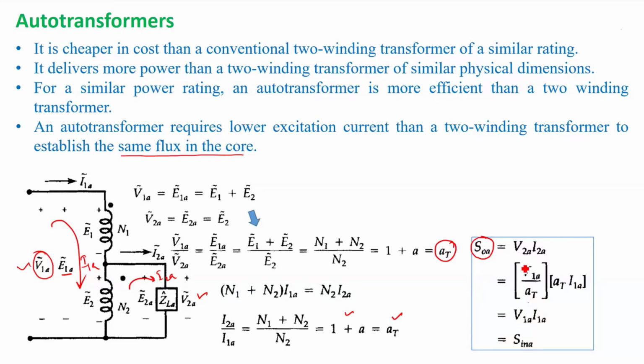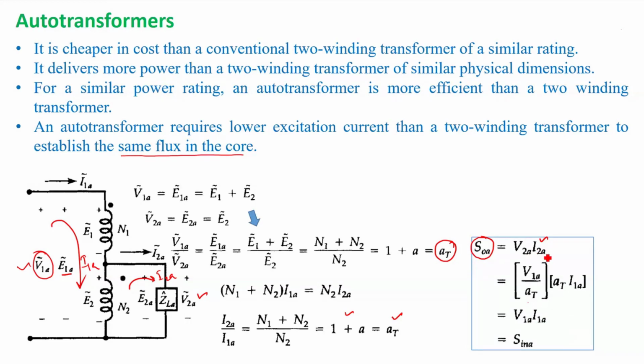So if we again substitute, instead of V2A, I can substitute V1A by AT because I know V1A by V2A is equal to AT. So V2A will be equal to V1A by AT. Then instead of I2A, I can substitute AT into I1A. So now I can find V1A into I1A.